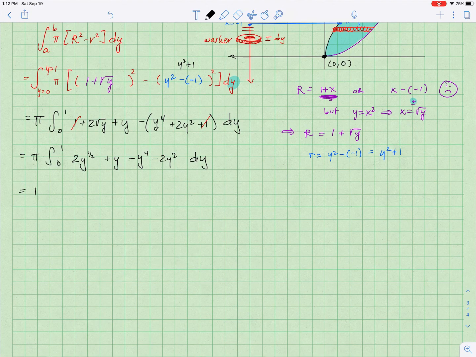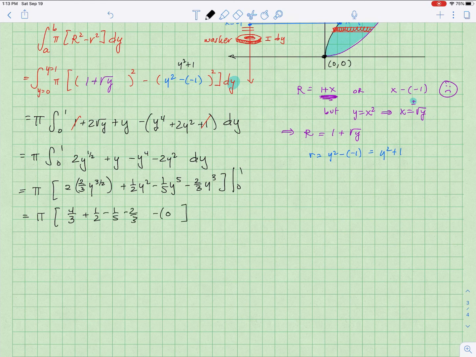And when we integrate that, the antiderivative will be 2 times 2/3 y to the 3/2 plus 1/2 y squared minus 1/5 y to the 5th power minus 2/3 y cubed, evaluated between 0 and 1, which will be pi times 4/3 plus 1/2 minus 1/5 minus 2/3.